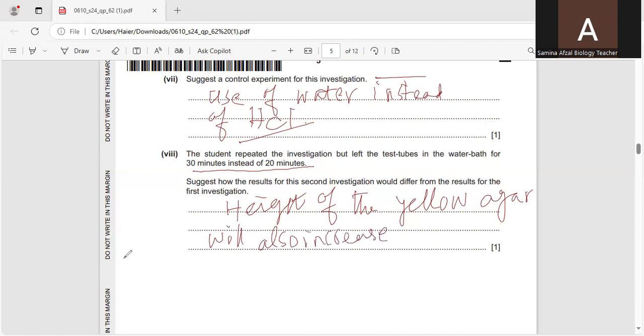The temperature is the same but the time is increased. So if time is increased, the rate of diffusion will also increase, and in this way the height of the yellow agar jelly will also increase.